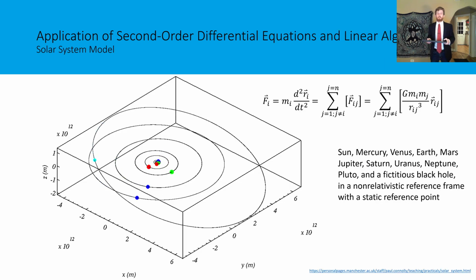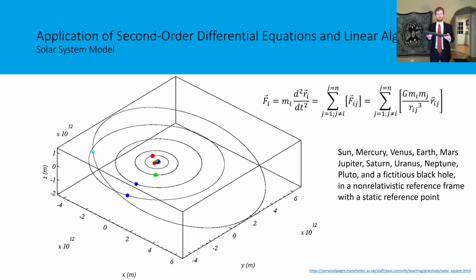Considering another application of second order differential equations, a solar system model. This is pretty awesome. So this solar system model involves the Sun, Mercury, Venus, Earth, Mars, Jupiter, Saturn, Uranus, Neptune, Pluto, and a fictitious black hole.